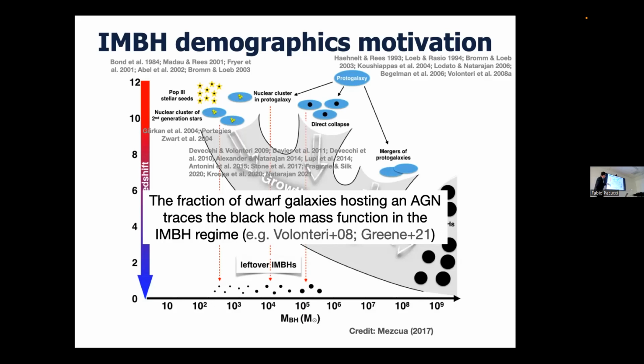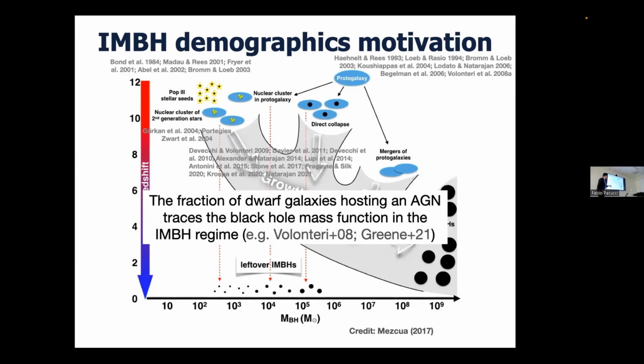And so what's interesting here is that for an observer, the fraction of dwarf galaxies, so low stellar mass galaxies, which host an AGN, which should have smaller black hole masses. So the AGN fraction there, or the black hole fraction, I should say, of those dwarf galaxies should trace the initial seeding mechanisms, okay?